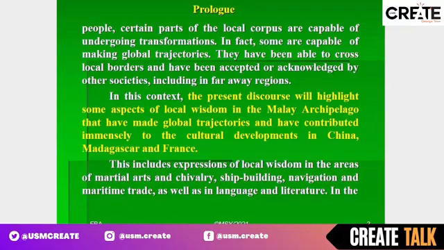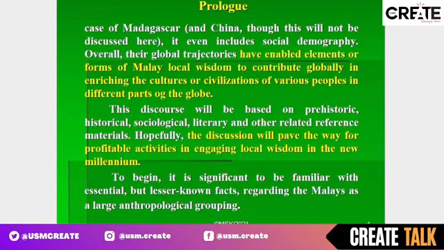The Chinese case will not be discussed here, only Madagascar. It even includes social demography. Overall, the global trajectories have enabled elements of Malay local wisdom to contribute globally in enriching the cultures or civilizations of various peoples in different parts of the globe.